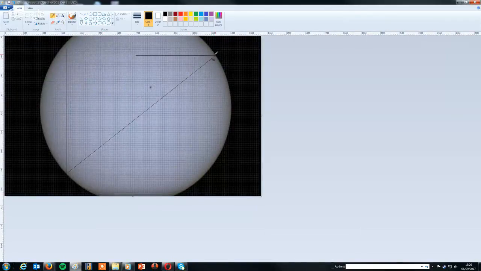If I go by that factor, then I get 100 of these within that distance, because I've divided this line, which was about 1,020, by say 10.